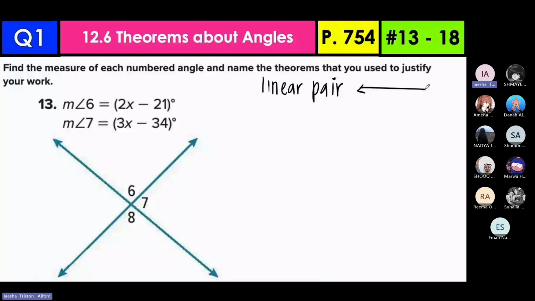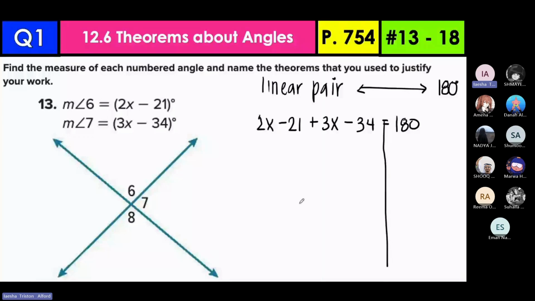It's a straight angle and should add to 180. So your equation here, 2x subtract 21 plus 3x subtract 34 is equal to 180. You have to write your equation and then solve that thing, right?